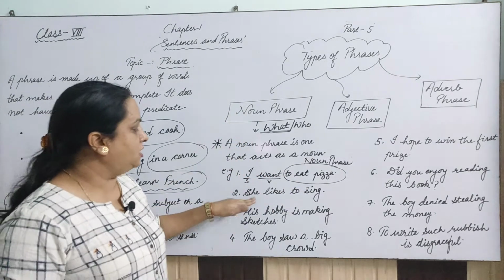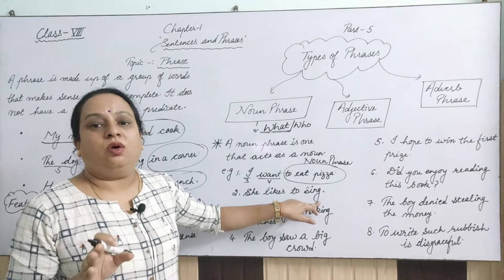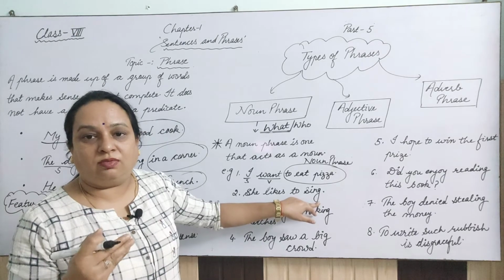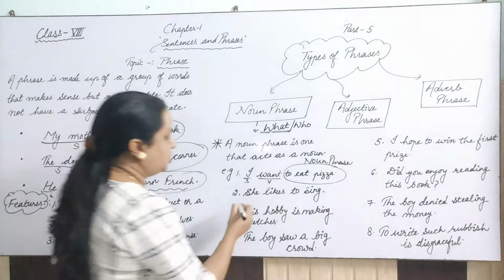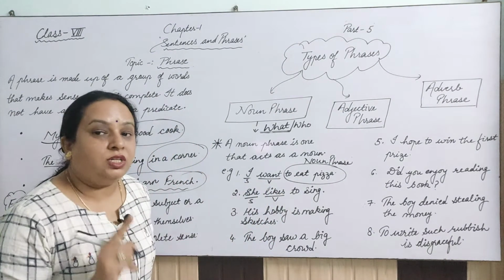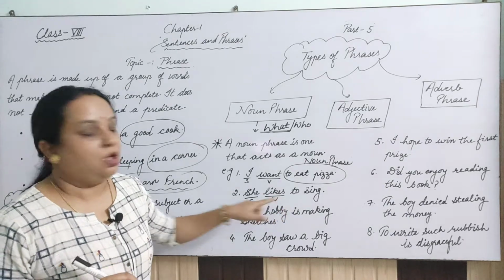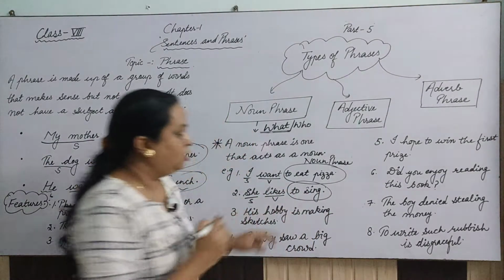Let's take the second sentence. She likes to sing. Here you have to find the verb and the subject. So she is the subject, and likes is the verb. Now, what she likes? She likes to sing.